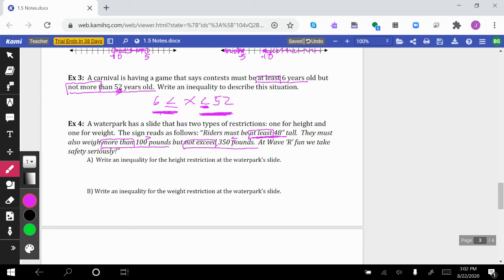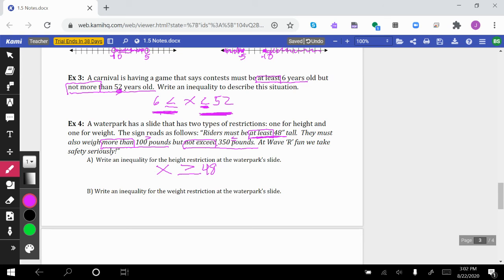So let's write an inequality for the height. All right. So x is the height that you have to be to ride the ride. And in order to ride it, you have to be more than or equal to 48 inches tall. Okay?